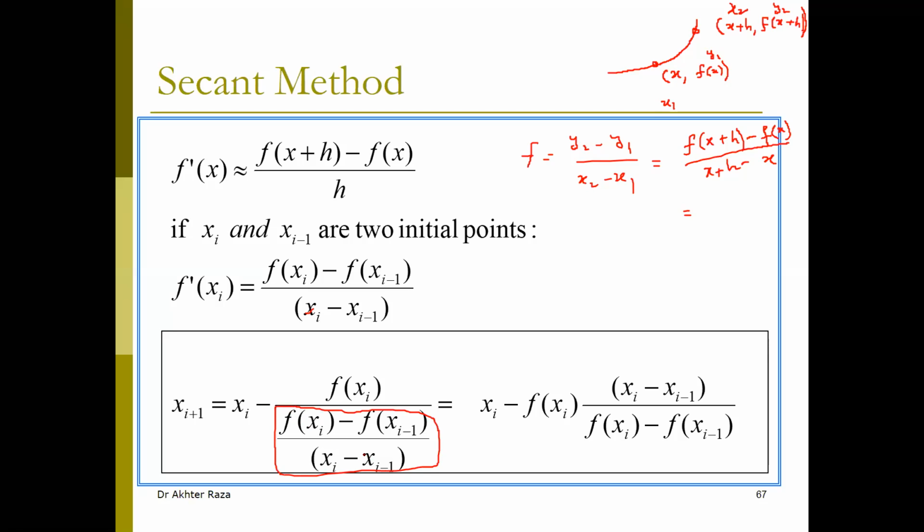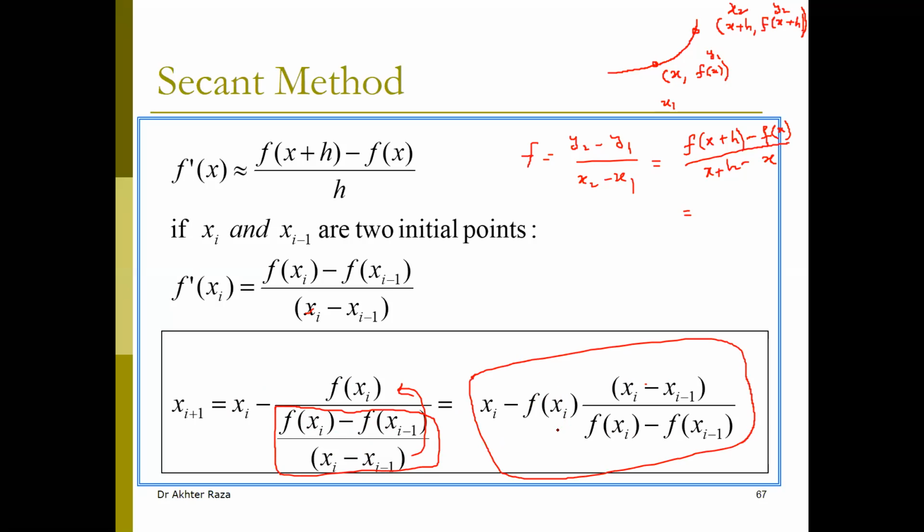After simplification, because we have a double division here, f(xi) will be multiplied by this part, and you can see f(xi) into this by this. xi we already have in the formula. So this is the formula for calculating the new iteration using the secant method.